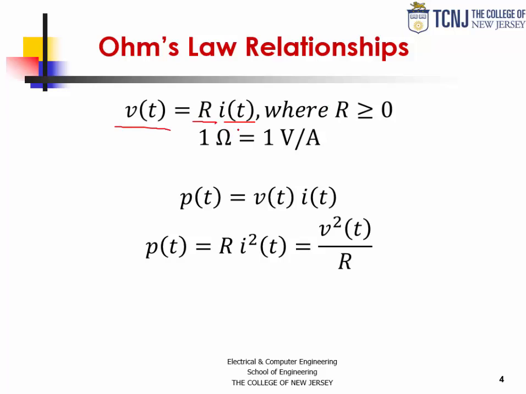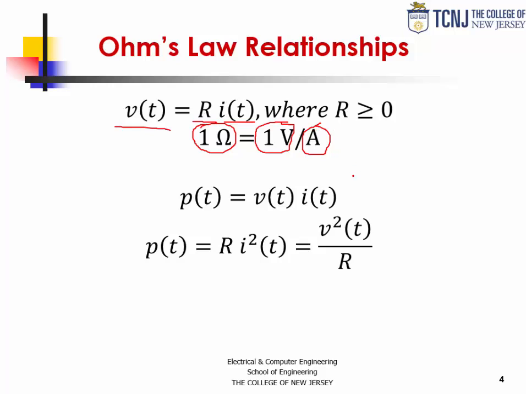So I can say that if I have a 1 ohm resistor, this is the unit for resistance, and I apply a voltage across it, I'm going to get a flow of 1 ampere or amp. Those are the units.